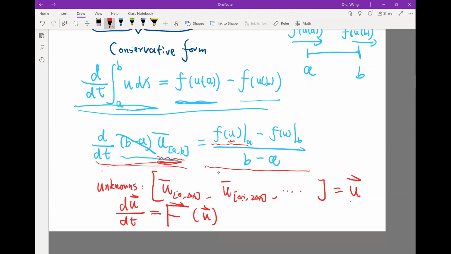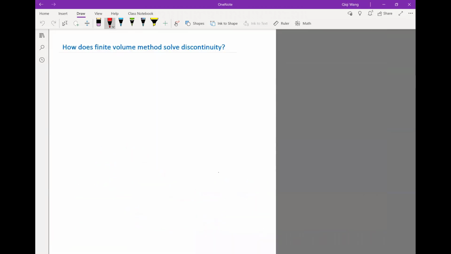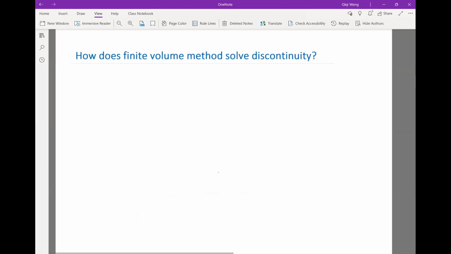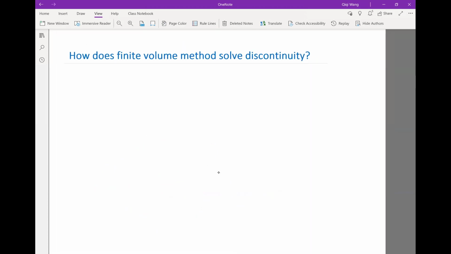So the key about finite volume is how do I approximate f of u at a certain interface, let's say i times delta x. How can I approximate it as a certain function? Let me write it as f tilde, signifying it is an approximation.